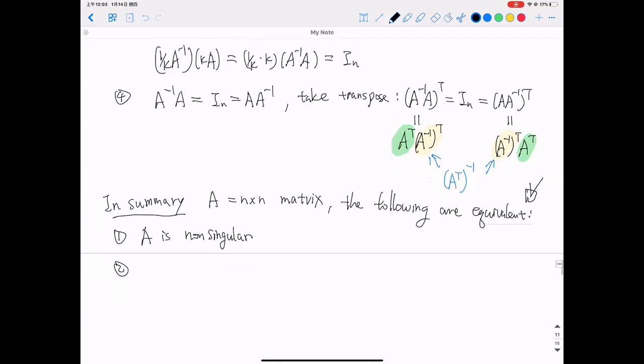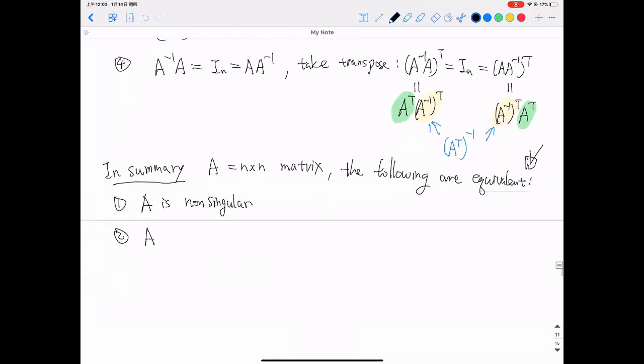Two, column vectors of A are linearly independent.